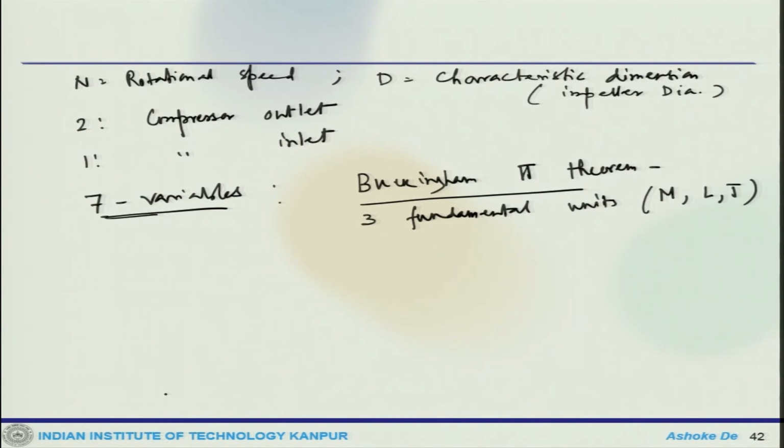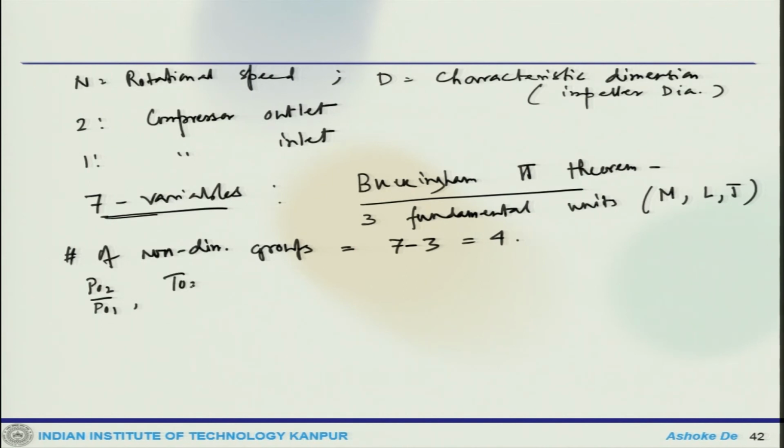So, the number of non-dimensional groups would be 7 minus 3, which is 4, and these non-dimensional groups could be like P naught 2 by P naught 1, T naught 2 by T naught 1, m dot root R T naught 1 by d square P naught 1, and n d by root R T naught 1.